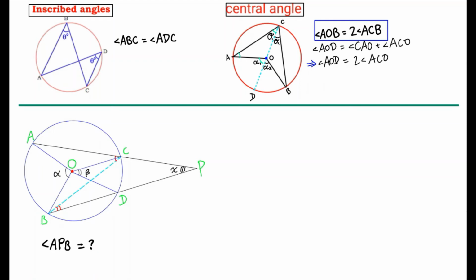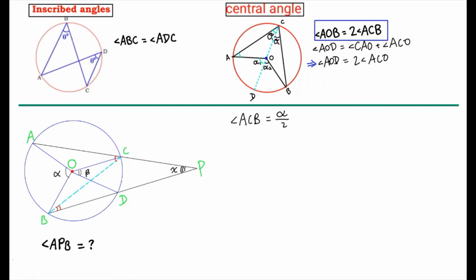Well, first of all, angle ACB is an inscribed angle with the arc AB over here. Since angle AOB, also known as angle alpha, shares that arc and is a central angle, this means that the angle ACB is equal to alpha divided by 2.